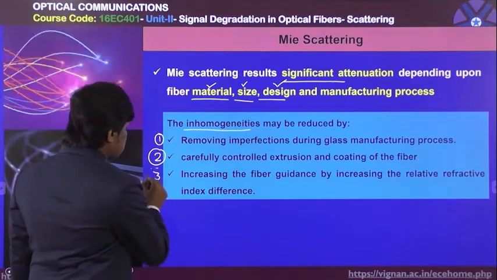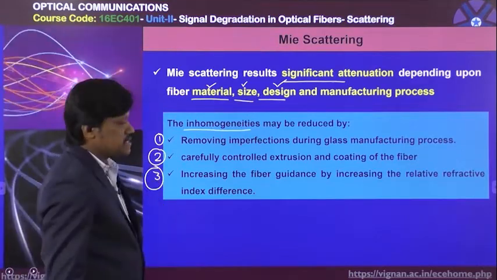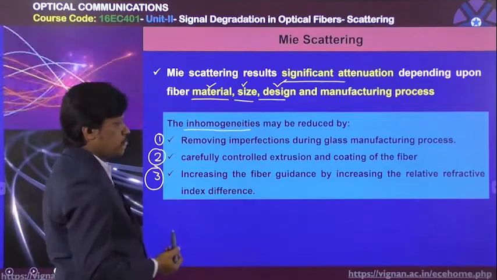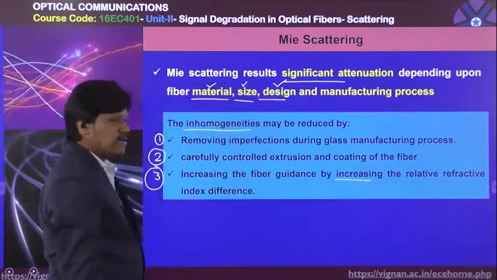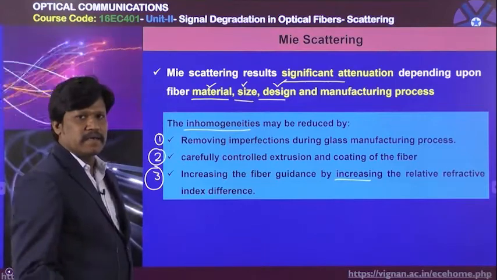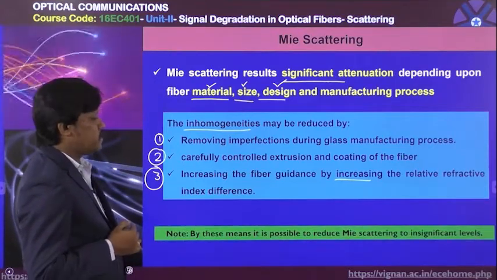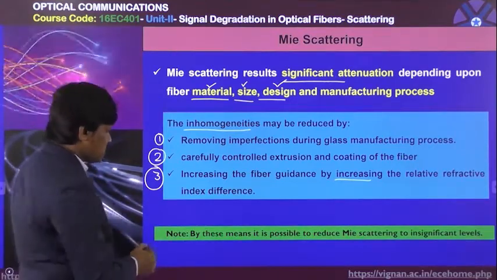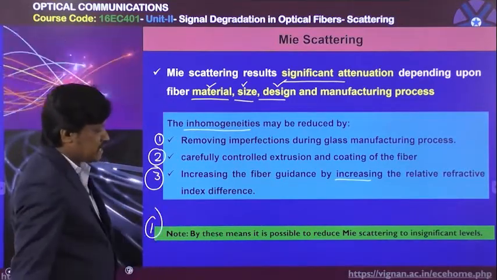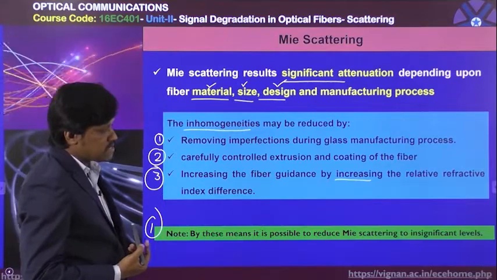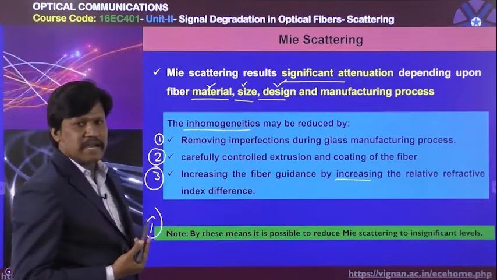The third one is increasing the fiber guidance by increasing the relative refractive index difference. One important note: by these means it is possible to reduce Mie scattering to insignificant levels.